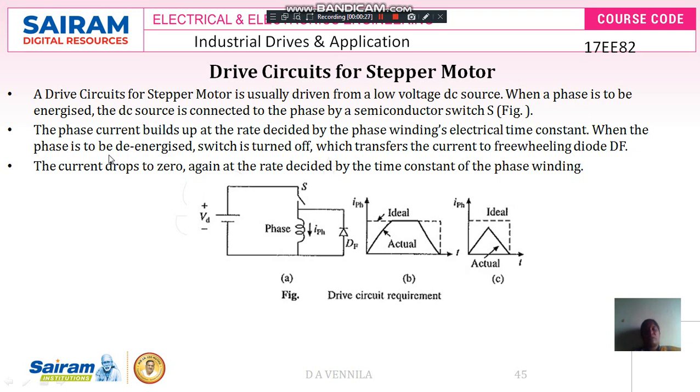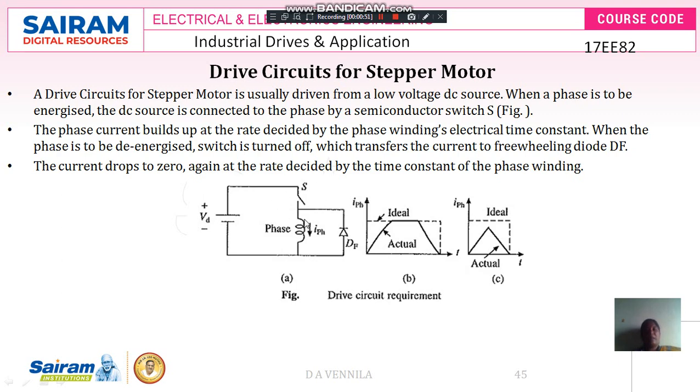The drive circuit for a stepper motor is usually driven from a low voltage DC source. When a phase is energized, the DC source is connected to the phase through a semiconductor switch.